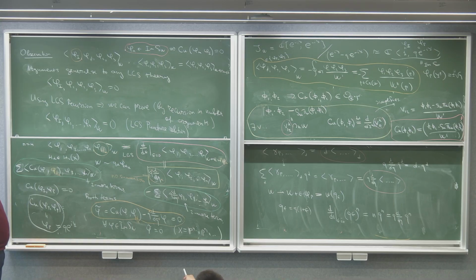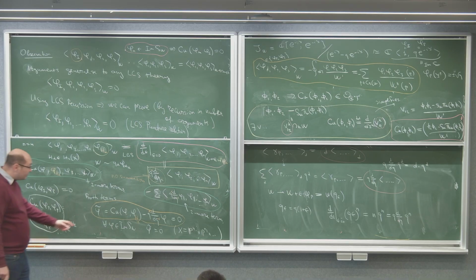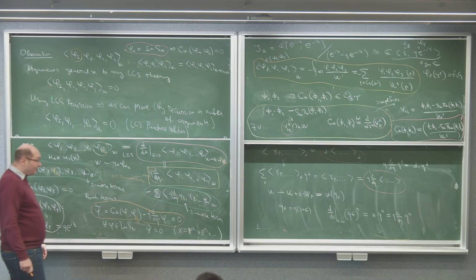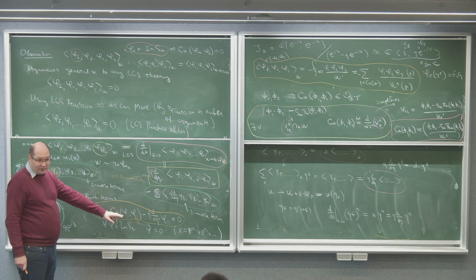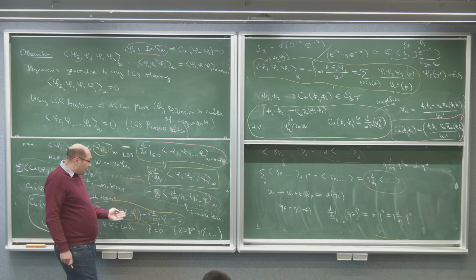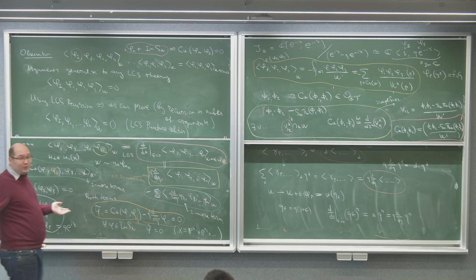Yes, so this last identity depends on many factors, because the contact term depends on the choice of a good section, and the structure of the phi's also depends on the choice of a good section.